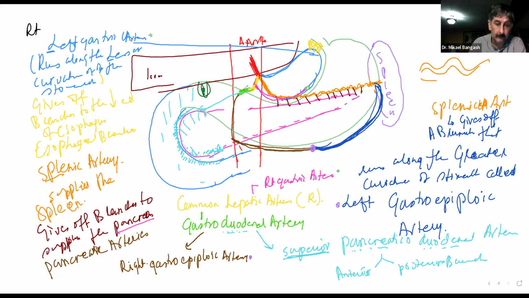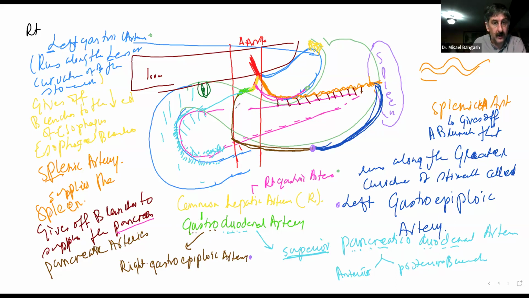Now, why do we call it the gastroduodenal artery? Now, the gastro part in its name is because it's going to give off the branch called the right gastroepiploic artery.